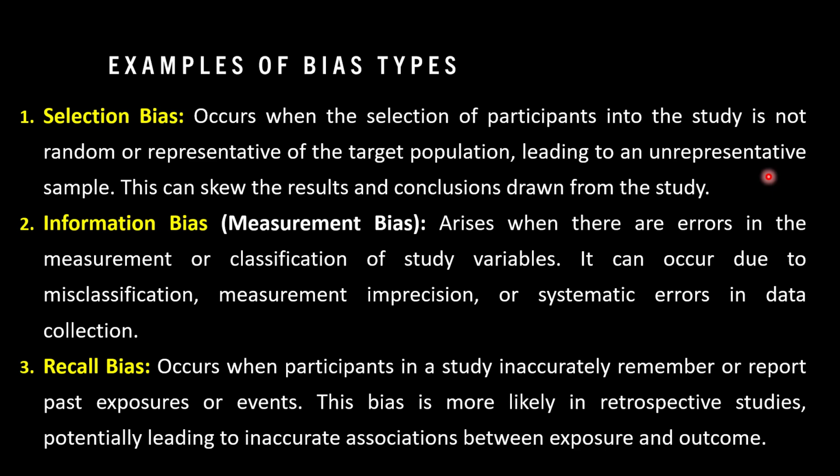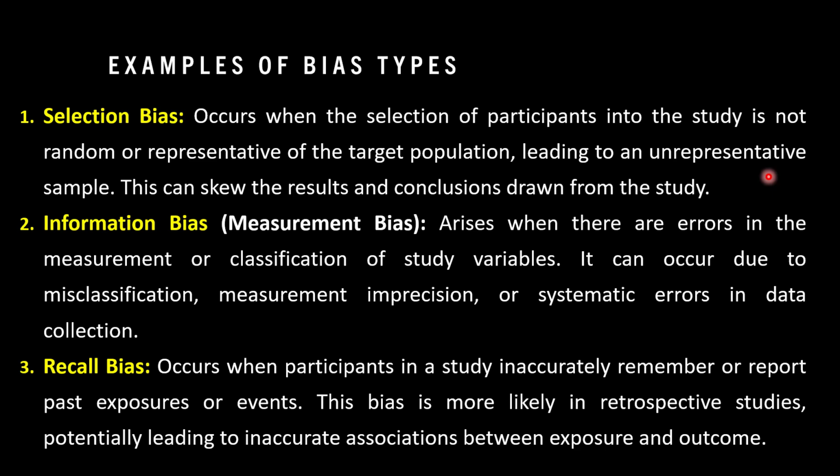We have information bias, as I told you, in the difference between cohort and case control. When I'm searching the past, I can have some lost variables, some measurement imprecision, or systematic error in data collection. So it's an information bias.